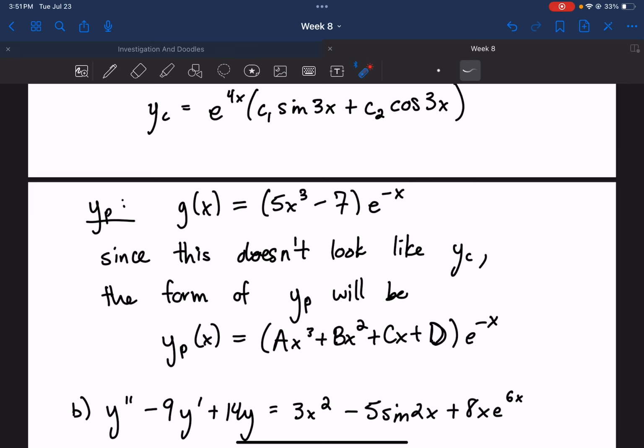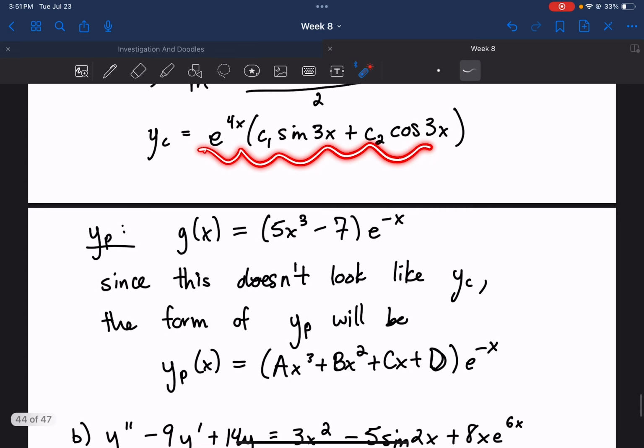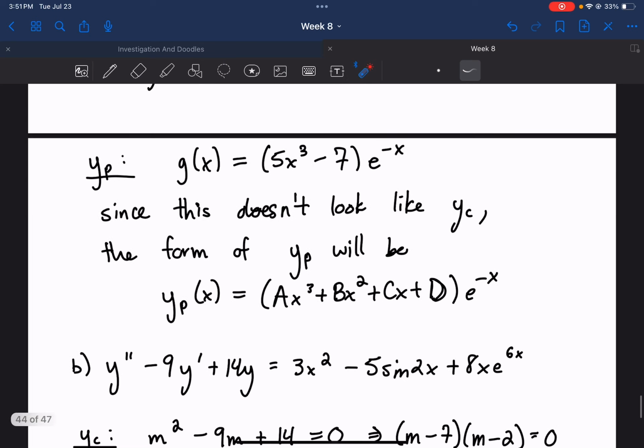And nothing up here looks like a cubic times e to the negative x. So we're just going to pick a cubic times e to the negative x as our particular solution. That's our yp. That's going to be our guess. Cubic times e to the negative x.